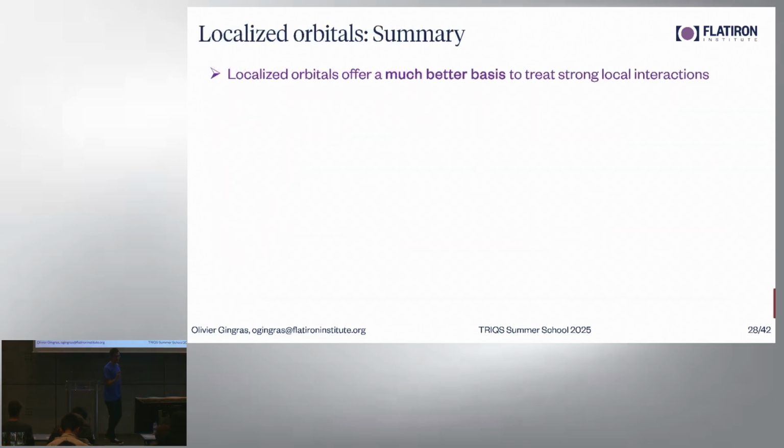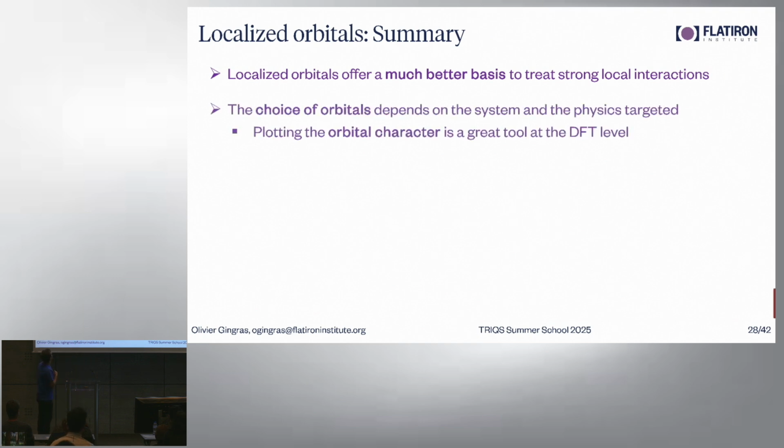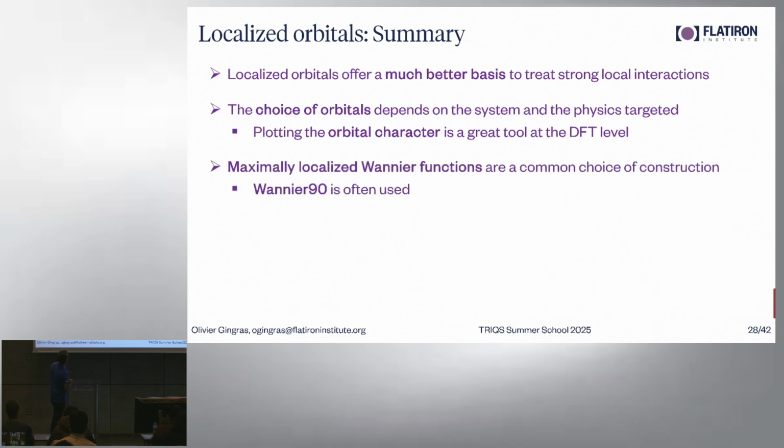So just to summarize this part on the local orbitals. We need to work on this set of degrees of freedom because they're much more useful to treat strong correlations, which are local. The choice of orbitals is an important choice to make if you want to target the right physics. There are some tools from DFT that are provided, like the orbital characters, that help guide the choice. Then we've talked a little bit about maximally localized Wannier functions and how they can provide a low-energy effective model.